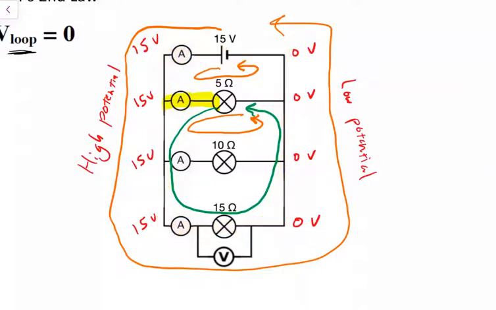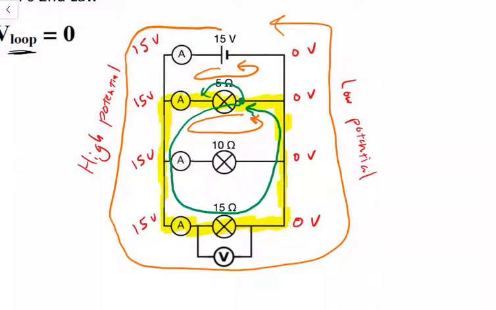And then the green loop that I drew is starting from this resistor and then working its way down, passing that junction and going to the next one. In each of these situations, we're passing through either batteries or resistors, going either from a high potential to a low potential, or from a low potential to a high potential. For example, in this green loop, I'm starting right here, and I'm crossing over this battery, and that's going from 0 volts to 15 volts.